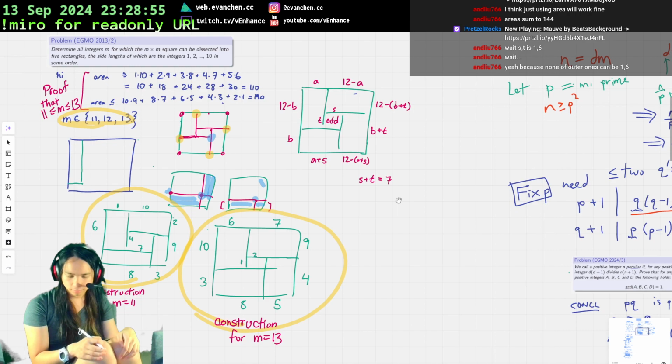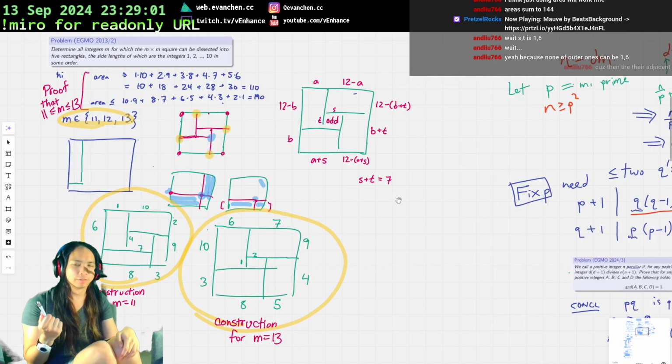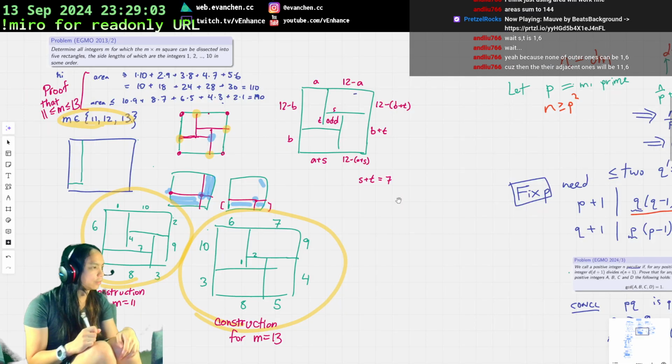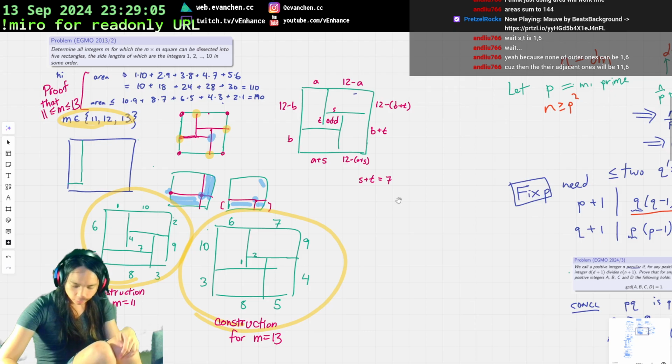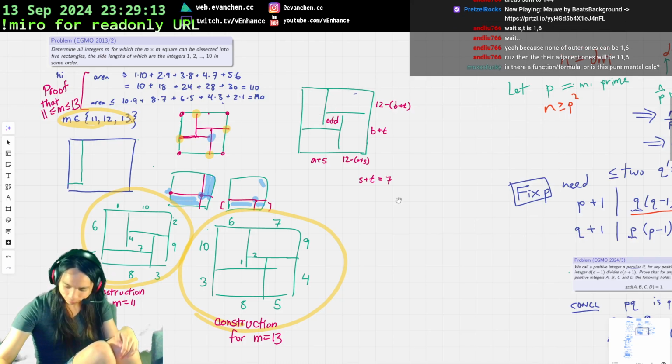Wait, what? Oh, I understand. Okay, yes. Because the 1 can't be on the outside, because it's literally too short. So yeah, it has to be 1.6, but okay, that makes life easier. Sorry, I missed that. Yeah, 1 is just a small number. You can't put it outside.